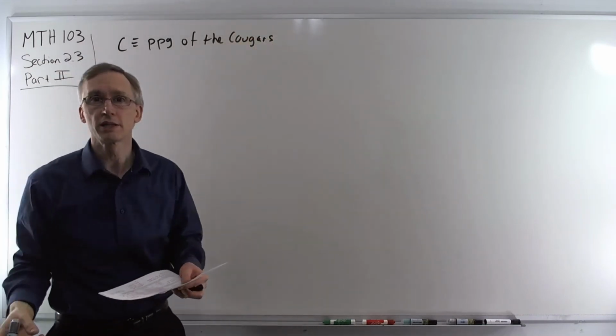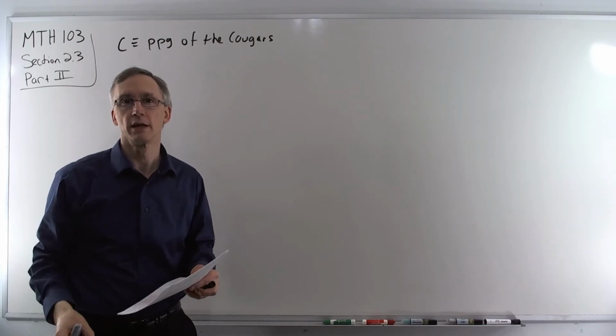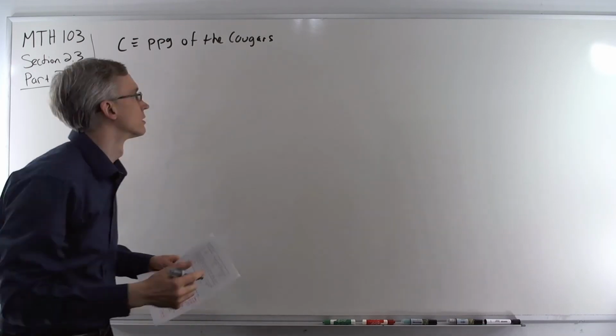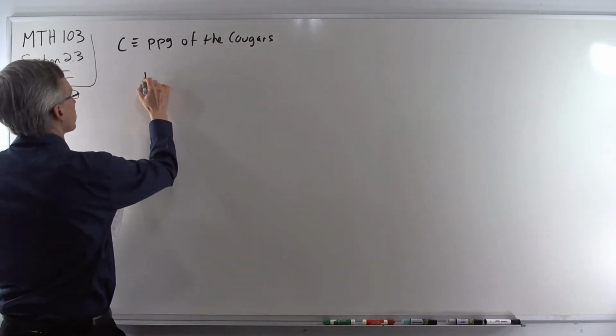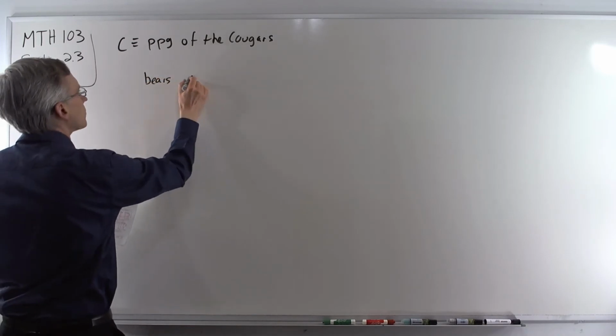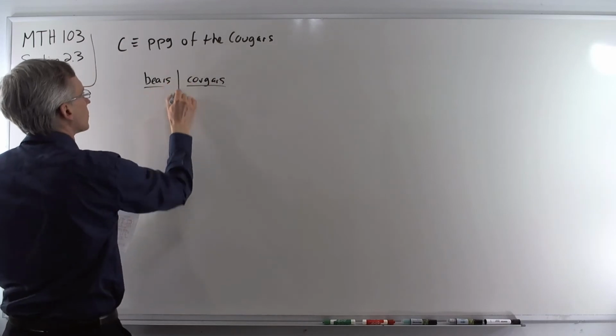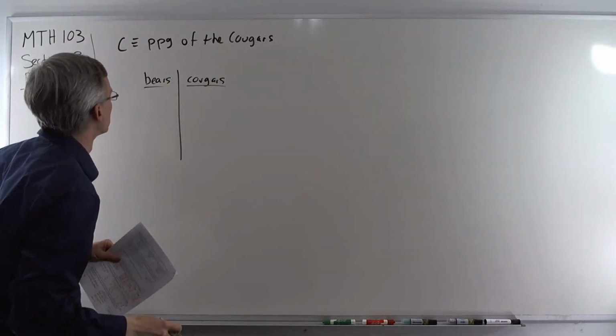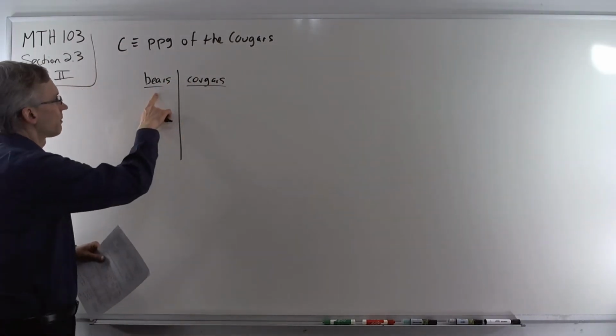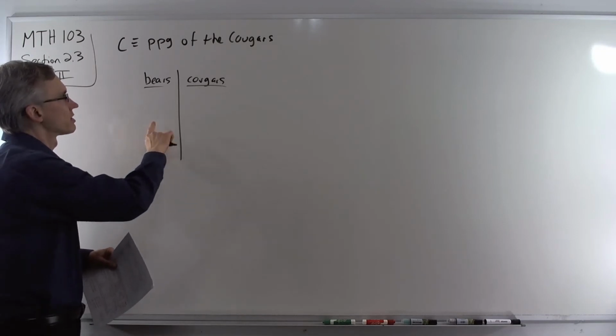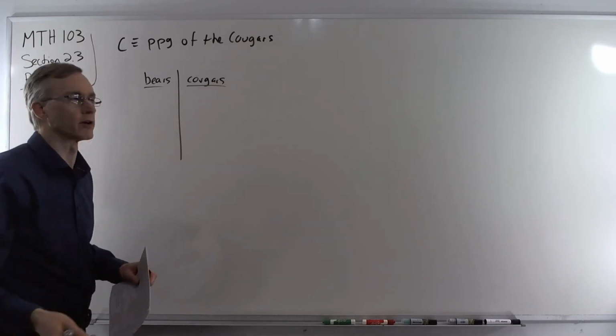Now we can do an experiment just like we did in the examples. I'm going to try a couple different approaches. Right, so we've got the Bears and the Cougars. First I'm going to make up a point total for the Bears and then see what the Cougars have to score.